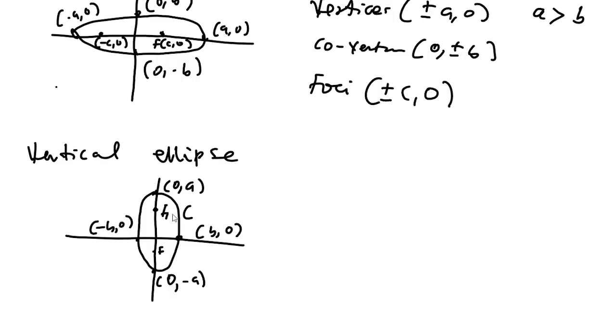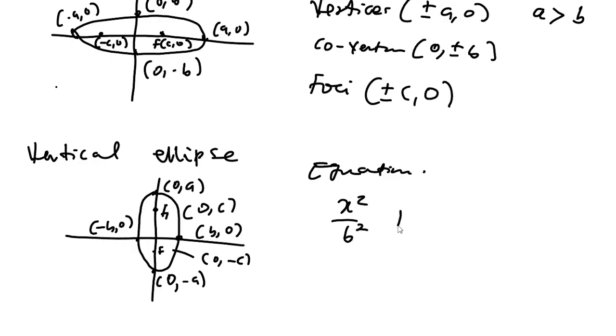So the foci will be (0, c) and (0, negative c). So when it opens like this, the equation is in the form x squared on b squared plus y squared on a squared being equal to 1.